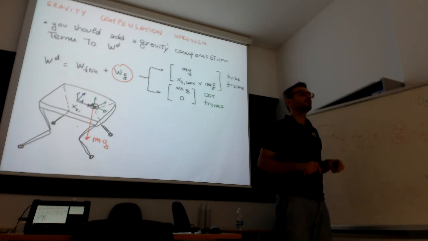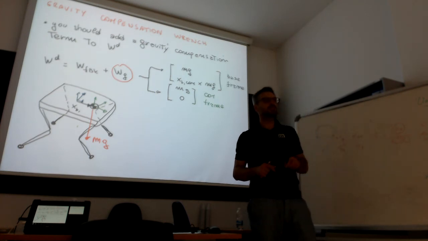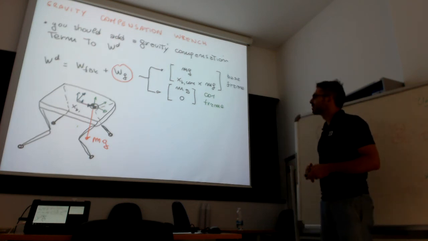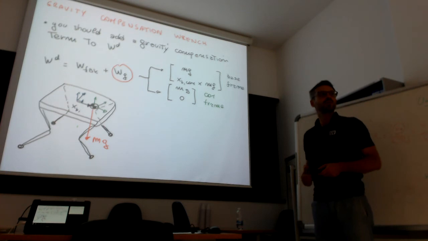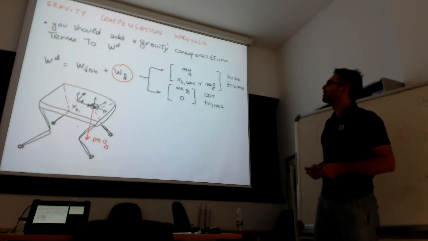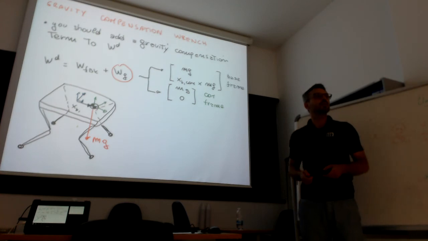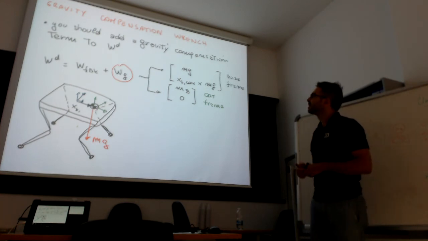Because if you make zero the WF decay, so let's say your wrench is only to compensate the gravity, then you multiply by JB, you transform that into external force, then you multiply again by the Jacobian to send to the torques. In that way you are compensating gravity in each link, no?